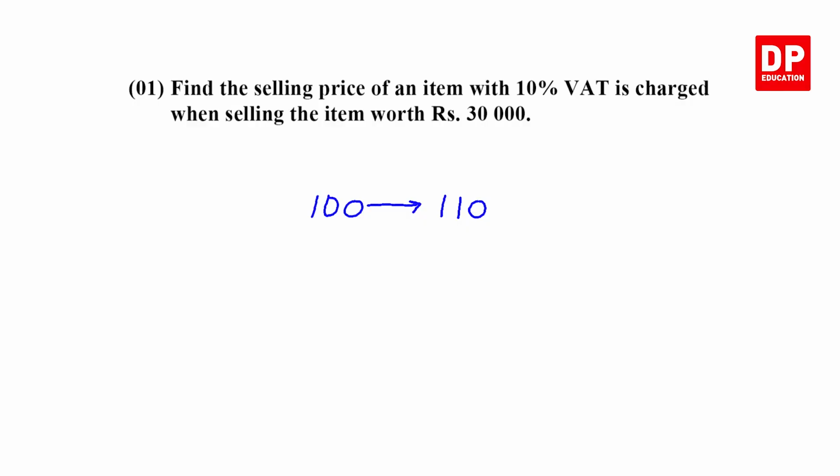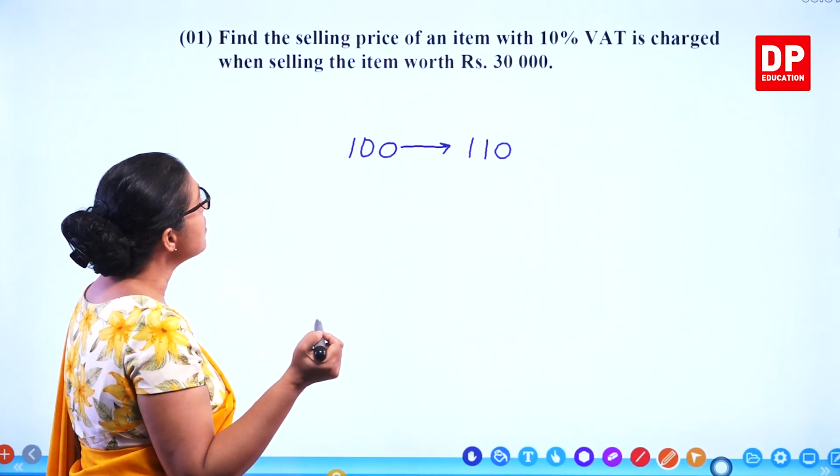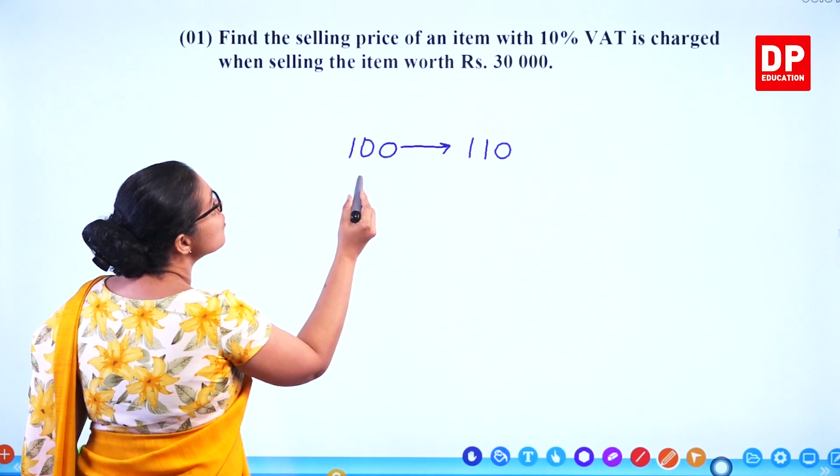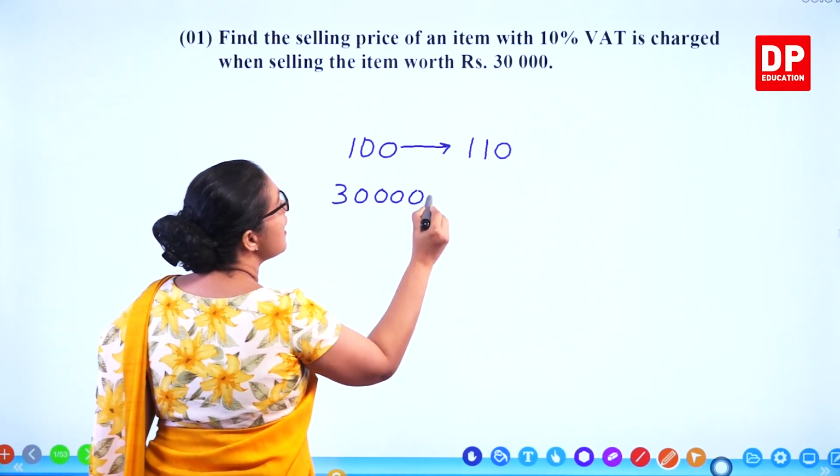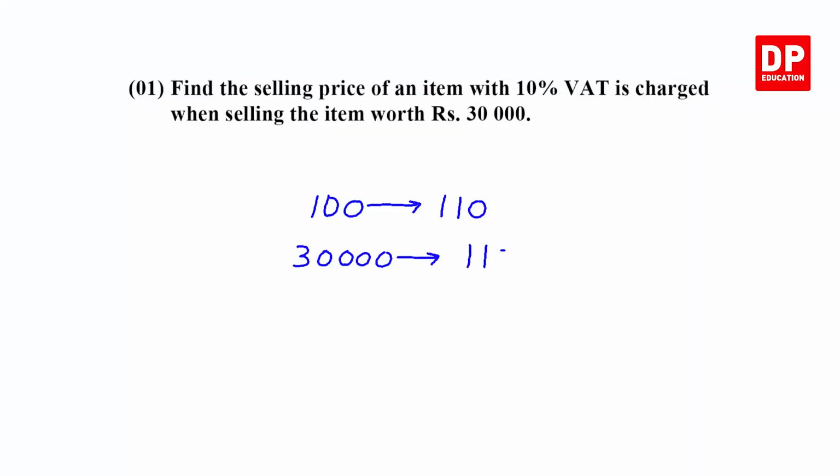They are asking, if the price is 30,000 rupees, what's the amount we have to pay? So if this is 30,000 rupees, you have to pay 110 over 100 times 30,000 rupees.